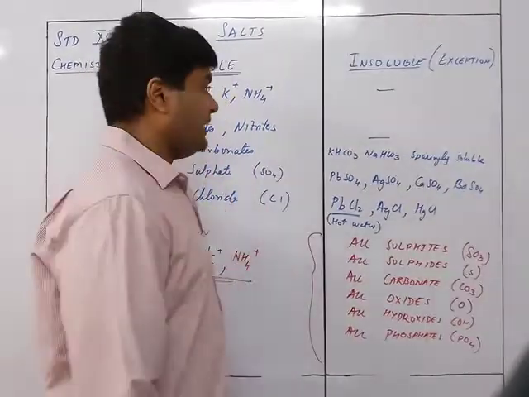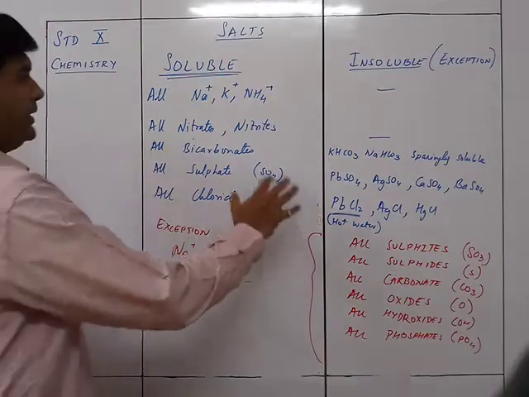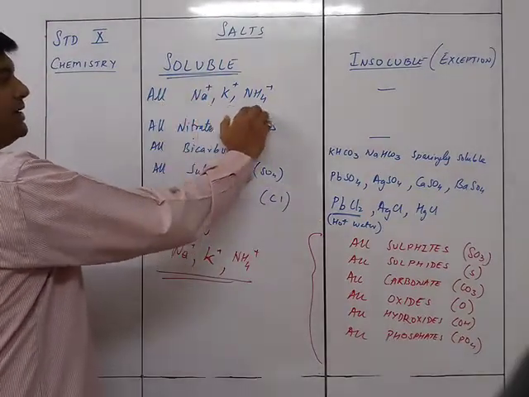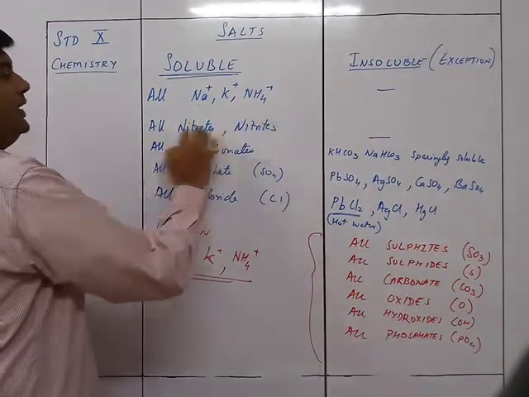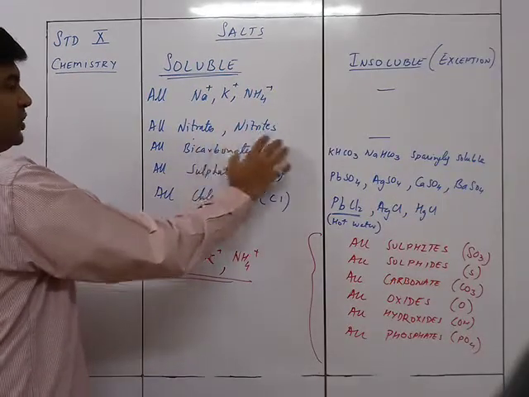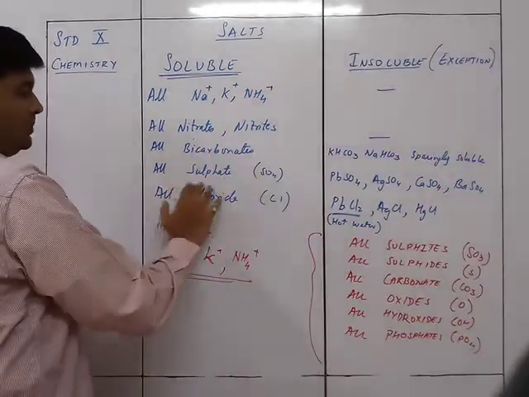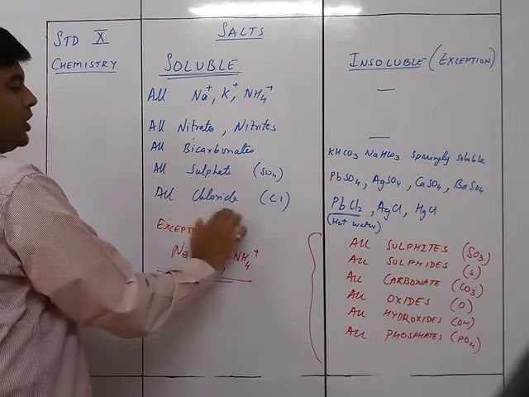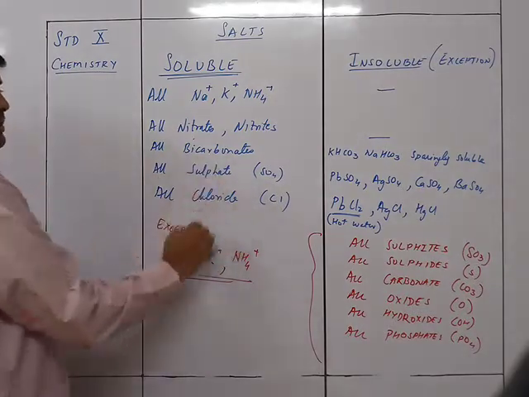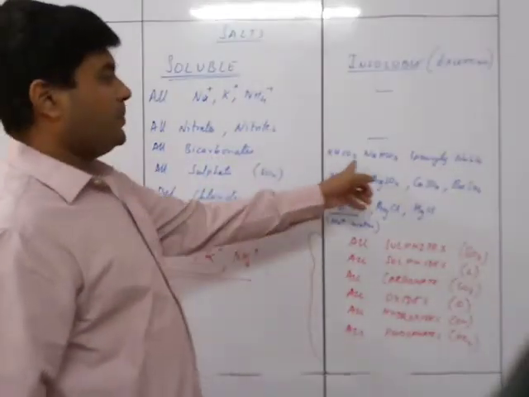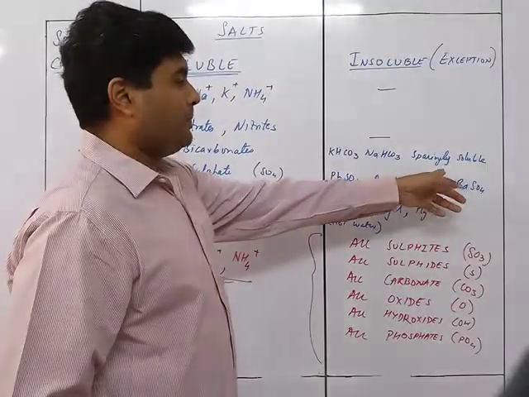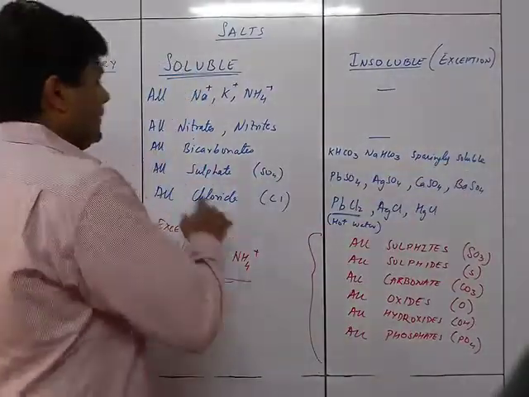So here we see the end result: all potassium, sodium and ammonium salts are soluble, all nitrites soluble, all bicarbonates soluble, all sulfates soluble, all chlorides soluble. Exception for bicarbonates will be potassium and sodium bicarbonate, which is sparingly soluble.